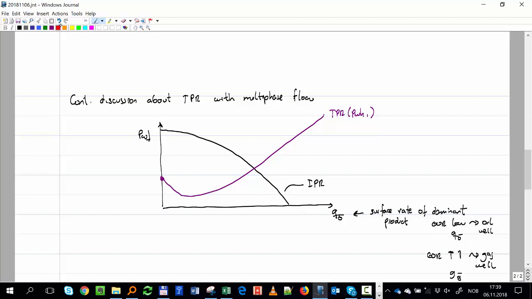So if we decrease the wellhead pressure, it will shift down. Why? Because we should get more rate, right? So the intersection should move to the right. Okay, so if we shift, something like that, that's TPR for PWH2, where PWH2 is less than PWH1.